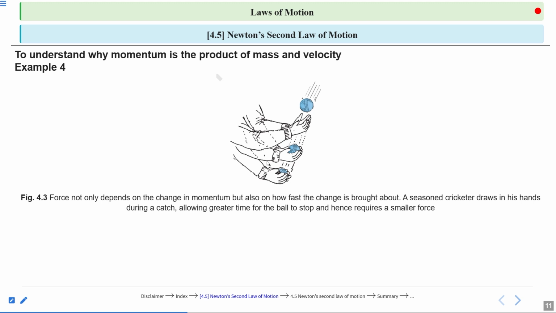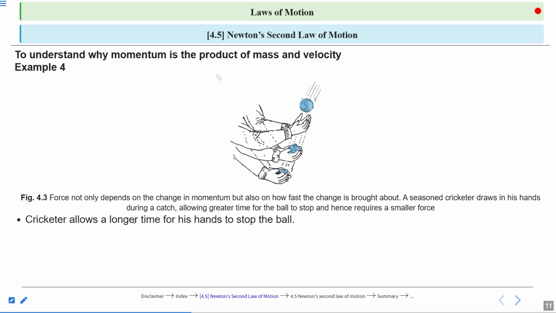So to stop a ball, look at figure 4.3. To stop this moving ball, the cricketer spends more time to stop this ball. Cricketer spends more time, and due to this, the required force is small.